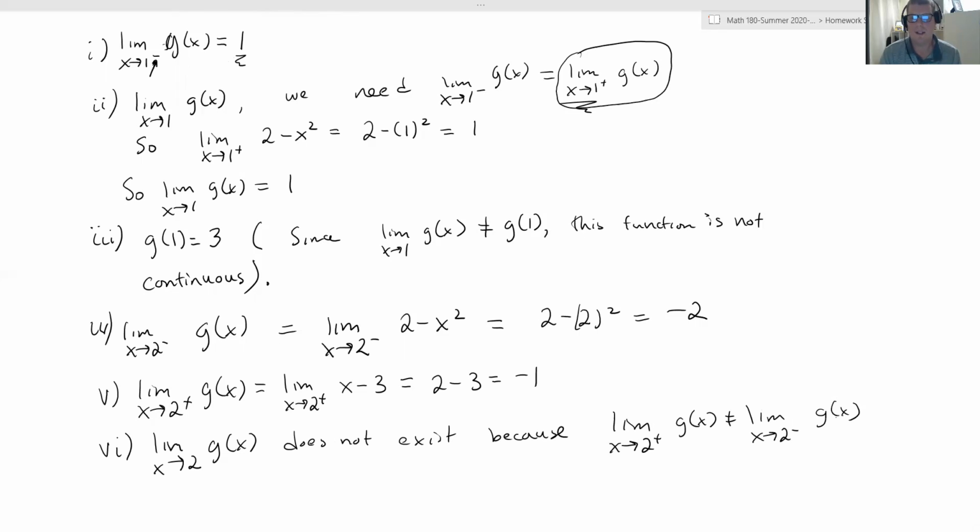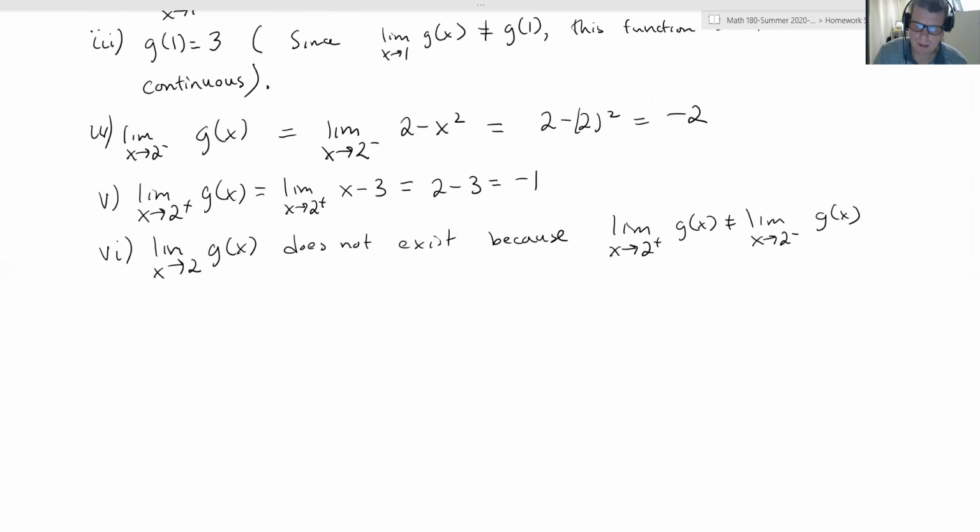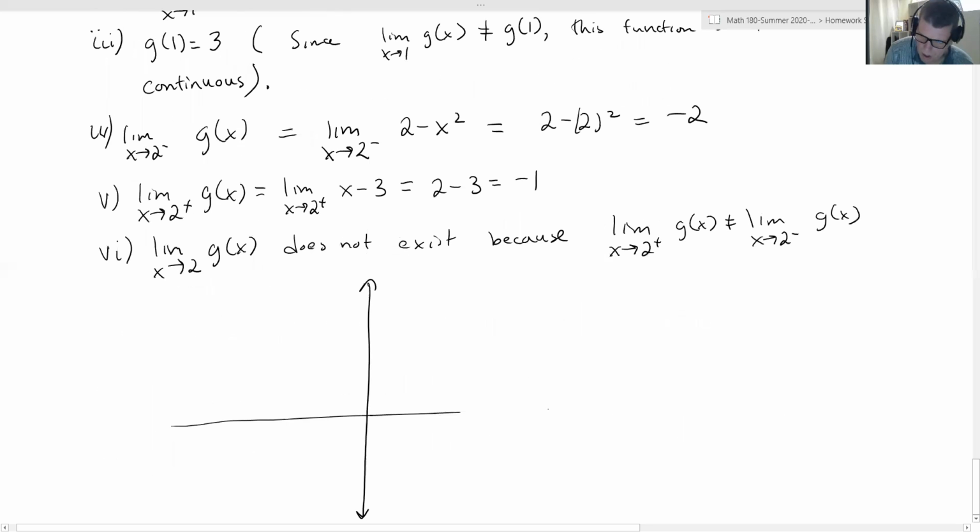All right. Cool. And then it says to draw the graph. All right, we'll do it. Draw along with me, right? Our problem points are at 1 and 2.